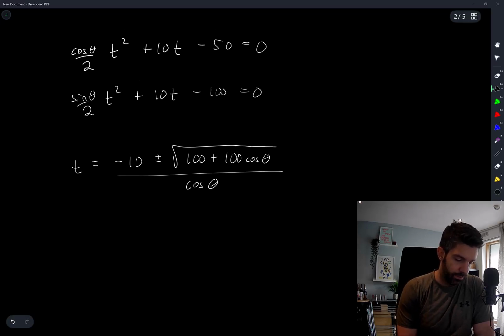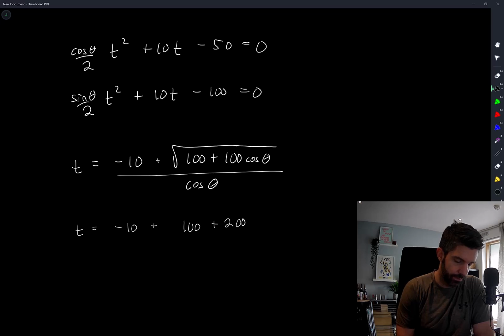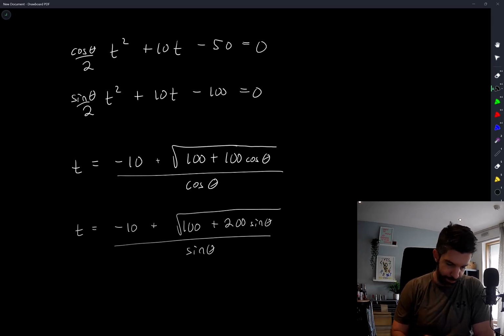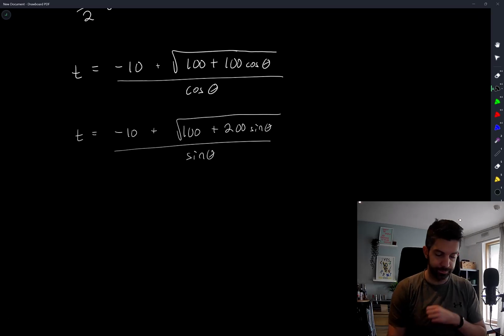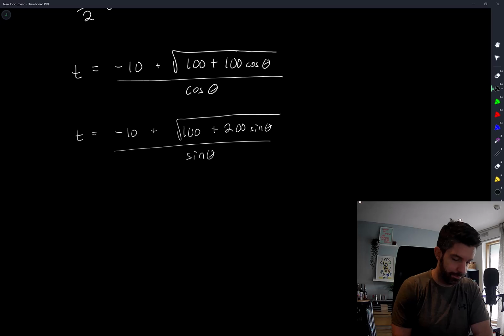And so we're going to take the positive root. And from the second equation, we have something similar. We have negative 10 plus the square root of 100 plus 200 sine theta, divided by sine theta. Okay, we need these to be equal to each other.